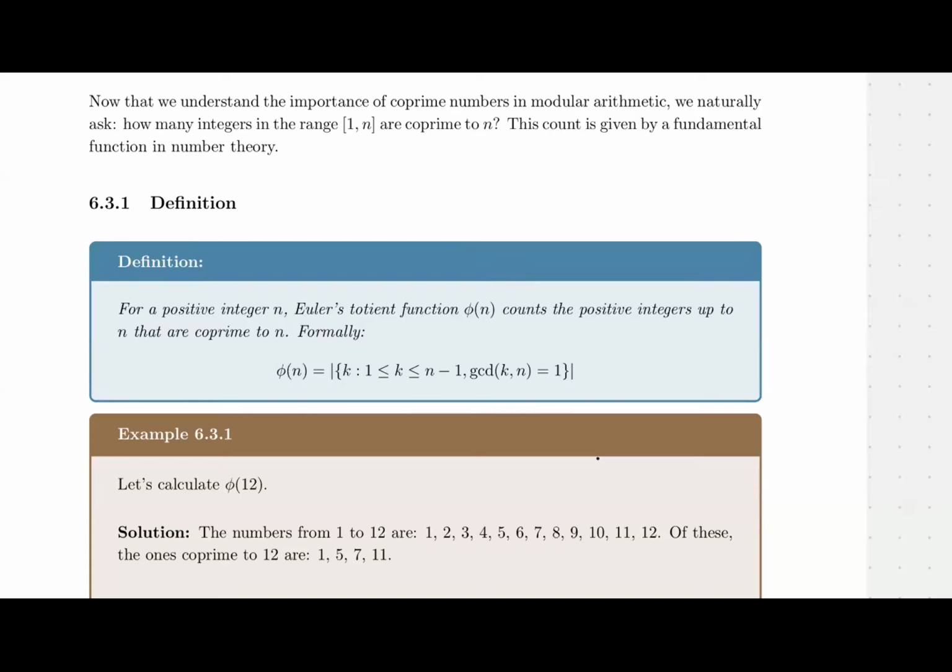For instance, if we take 12, the numbers which are coprime to 12 are what? Is 2 coprime? No, right? 3 is also not, 4 is also not. So what you will see is 5, then 6 is not, 7, 9 is not, 10 is not, 11.